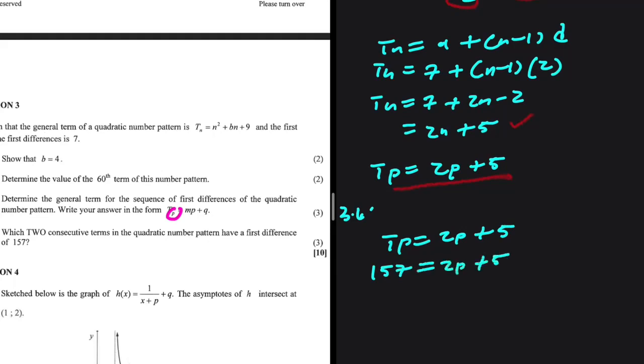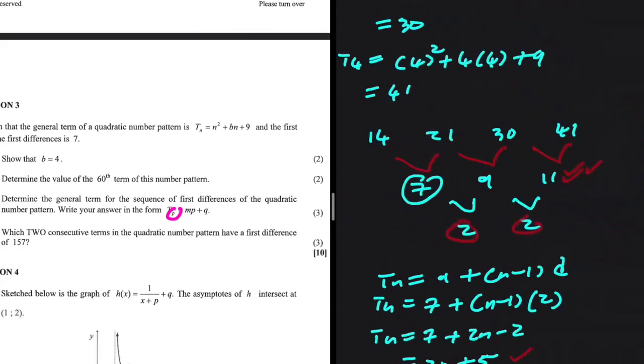Let's go ahead and find the value of p, the position of 157 in the general term of the first sequences. So 157 minus 5, that will be 152 being equals to 2p.